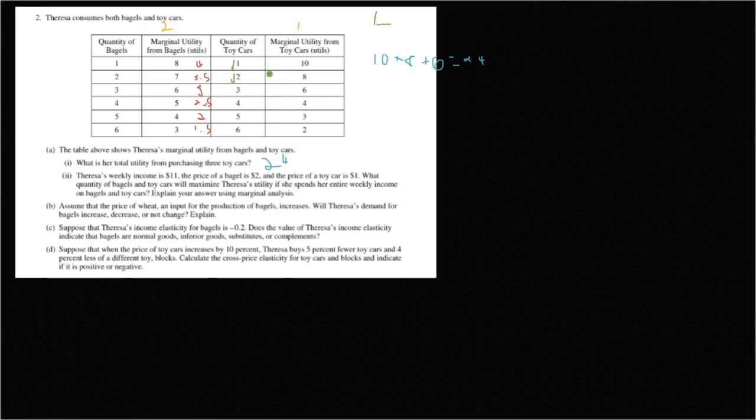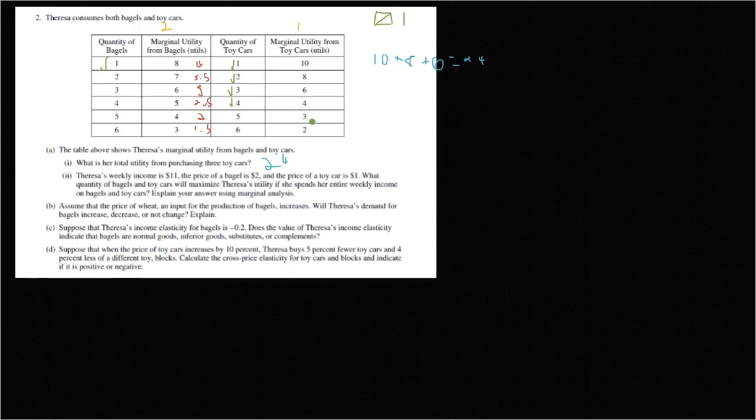And then we have 6 versus 4. We're going to buy this one that does 6 first. And now we have 4 and 4. But we have enough money to buy both of them. So we're going to buy both the next toy car and the bagel. So we buy $1 for the toy car and then $2 for the bagel.